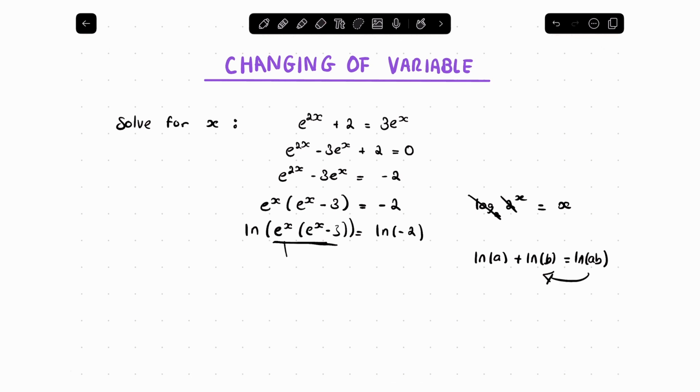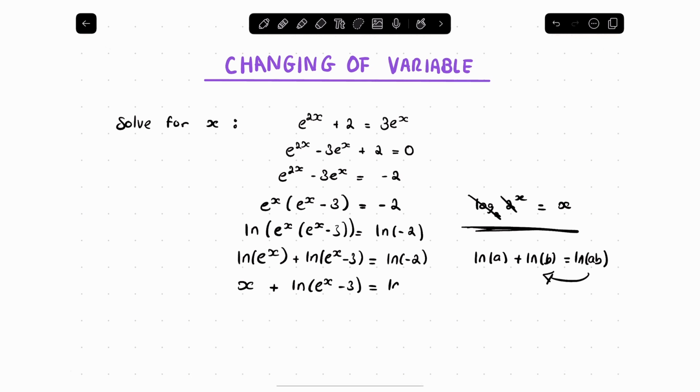So what we have is natural log of e to the x plus natural log of e to the x minus 3 equals natural log of minus 2. What we can do now is this step right here that we talked about. So we have natural log of e to the x, so this is just x, plus, we can't really simplify this one yet, equals natural log of minus 2.